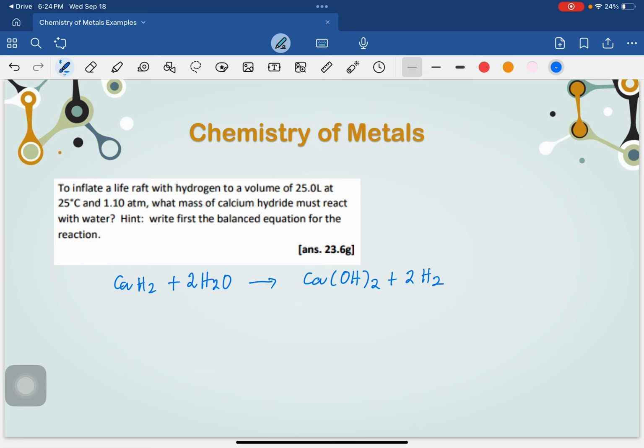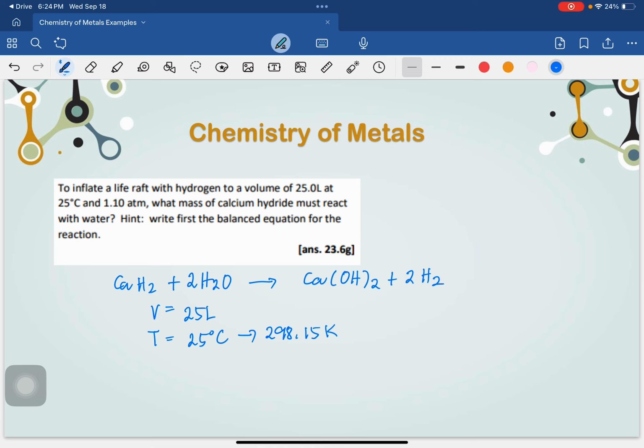Okay, so we also have to get the different values from the problem. We have a given volume. The volume is 25 liters. We also have a given temperature. Temperature is 25 degrees Celsius. We can already change this to 298.15 Kelvin.